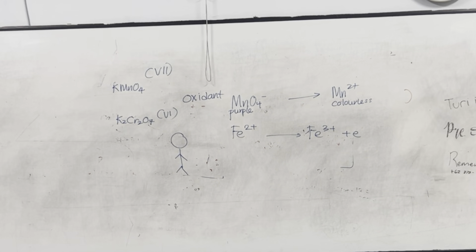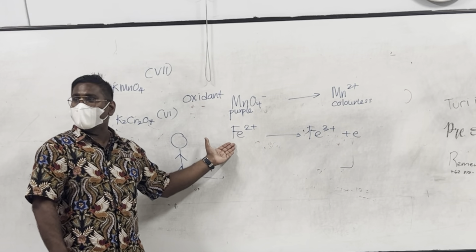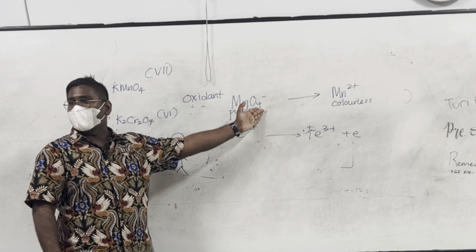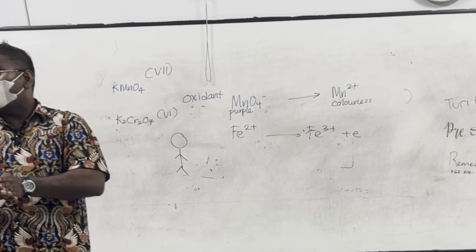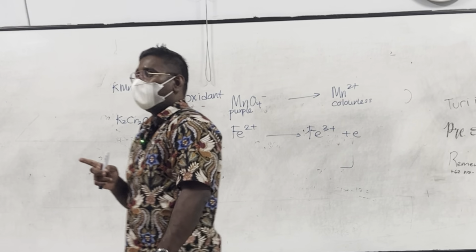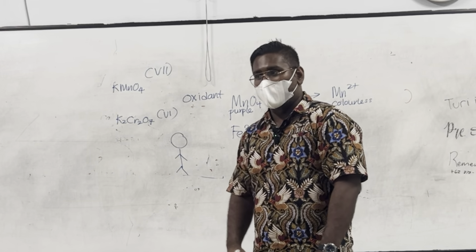Now, our work is we have the half equation here, but this half equation is not completed. We need to complete the half equation and get the general equation. How do we complete this half equation? It is going to be similar to the way that we completed it for OH- just now.